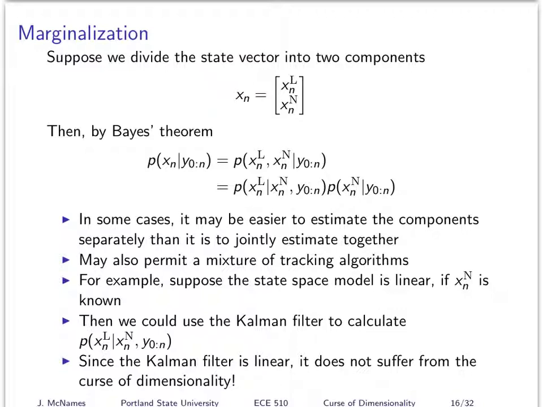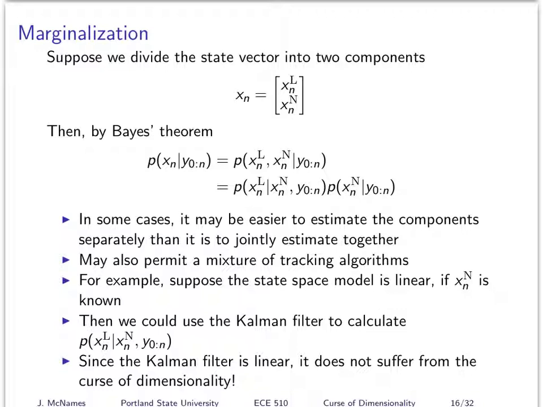But let's just say for now that we can factor the state into two different components. So this is the total state vector, and now I've taken the top section of that and reserved that for the so-called linear component, and then the bottom part is for the nonlinear component. By Bayes' theorem, the posterior of the state is defined as having these two components.